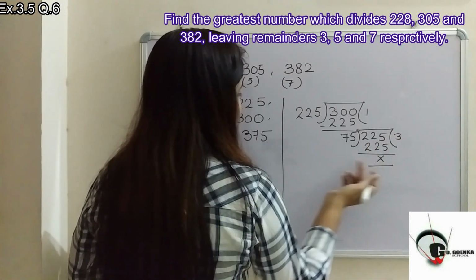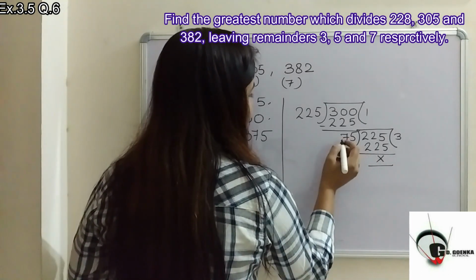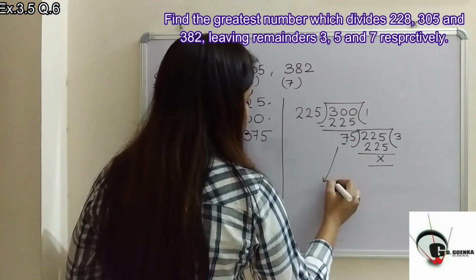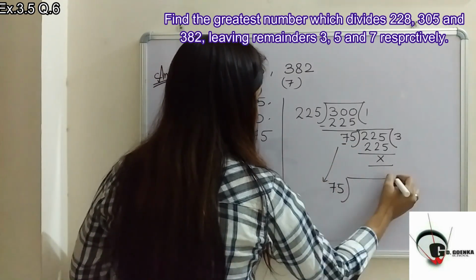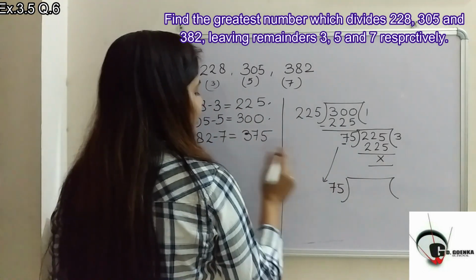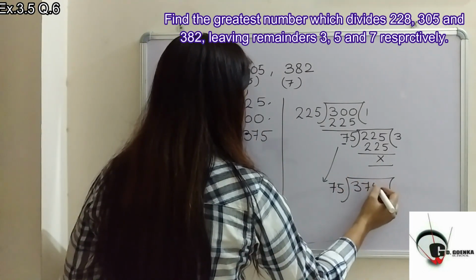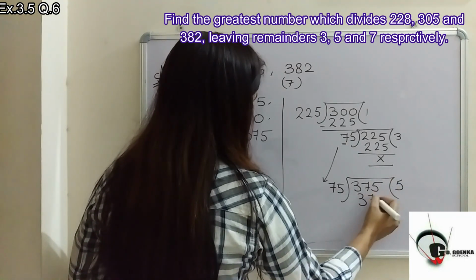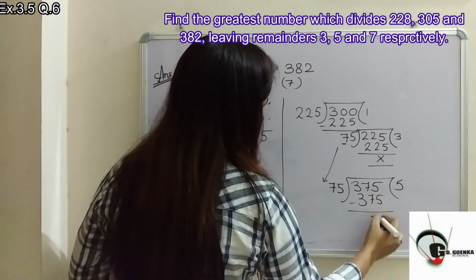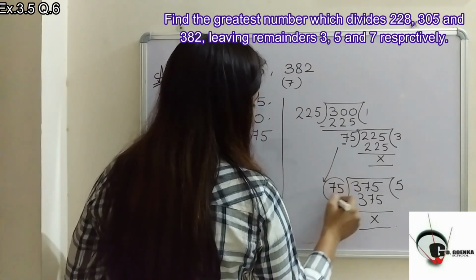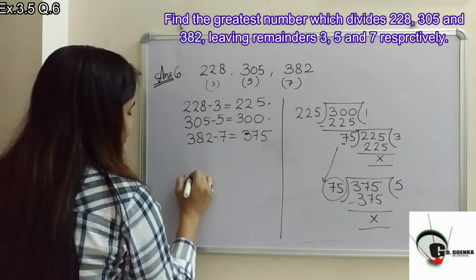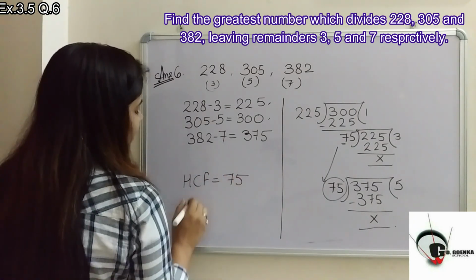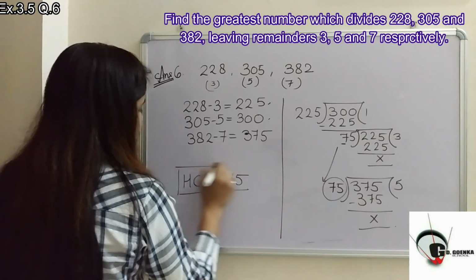Now children, we are left with no remainder. Now 75 will act as the new divisor with the number 375. 75 fives are 375. Again we are left with no remainder. That means this is our HCF. So the HCF of these 3 numbers will be 75.